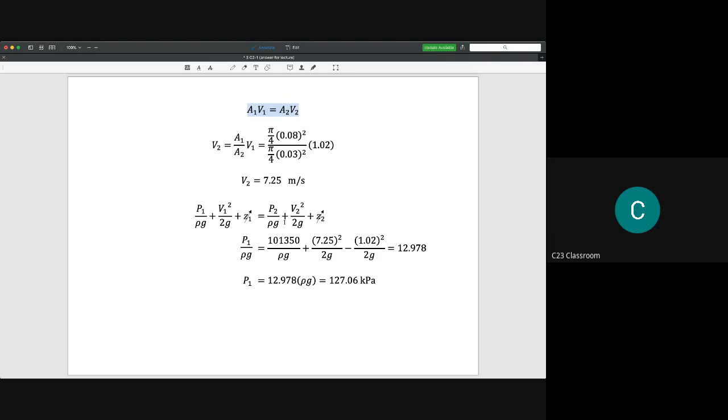At this one, it depends on you. If you take the pressure at the outlet here as equal to 101 kilopascal, meaning 101,350 pascal, your answer here is in absolute pressure. If you take P2 here as equal to 0, your answer is quite different, meaning that your answer is in gauge pressure.